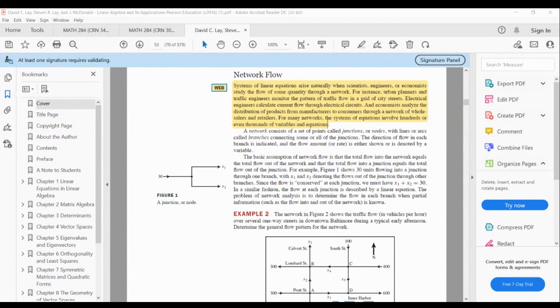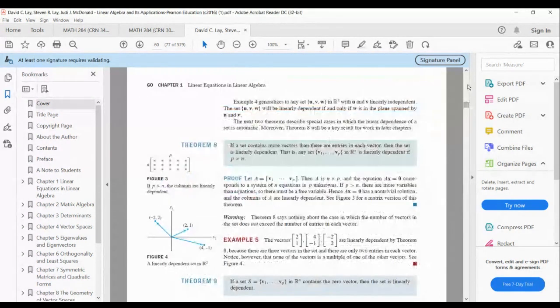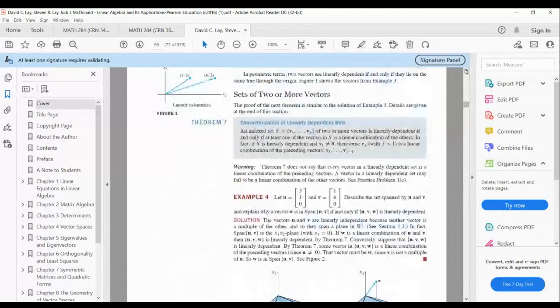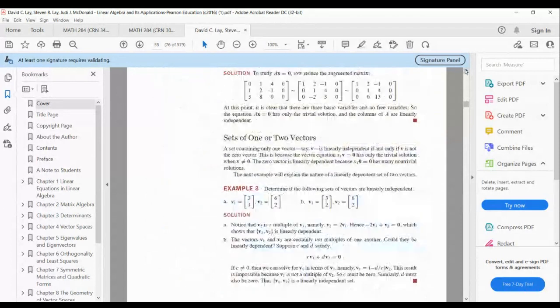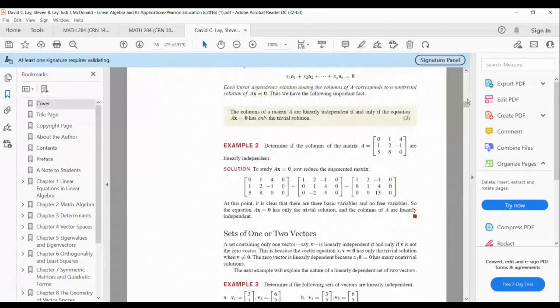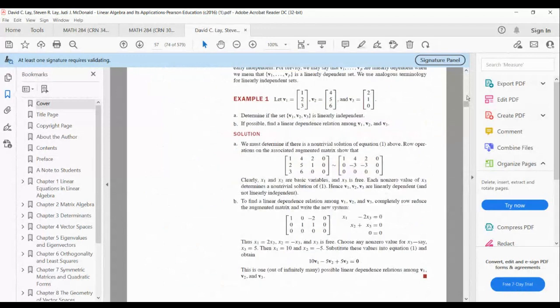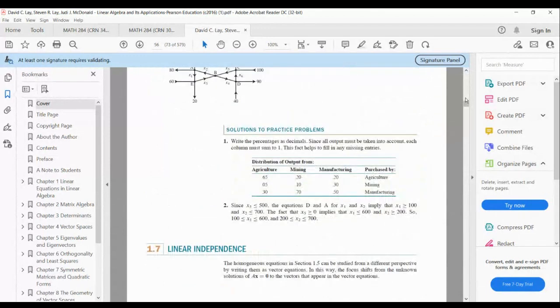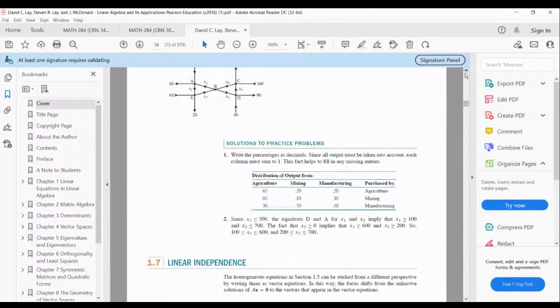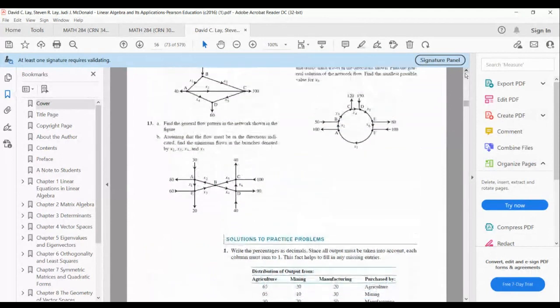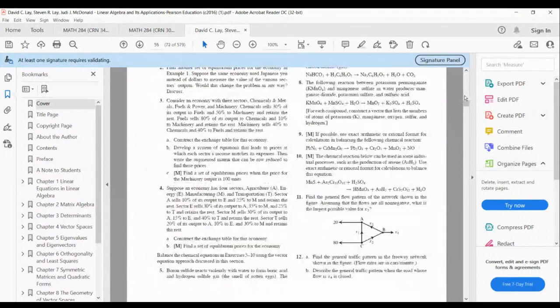So what they have here in example 2, hold on here, let me get back here. One moment.